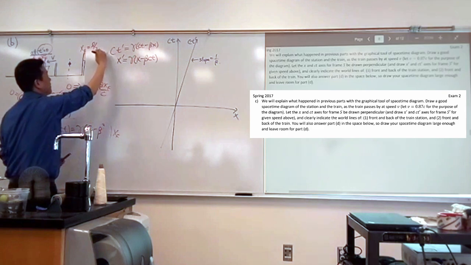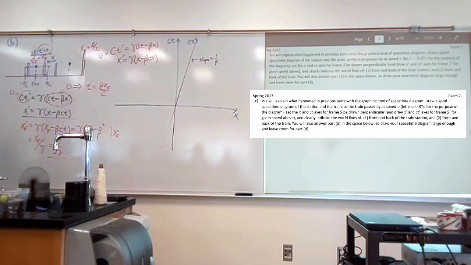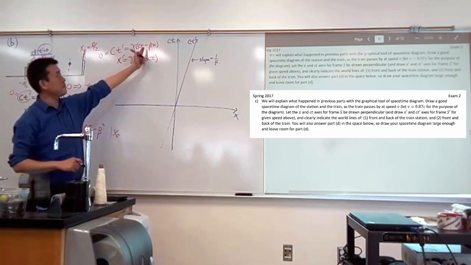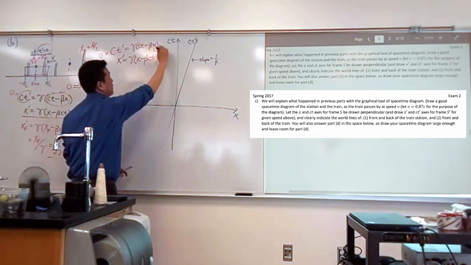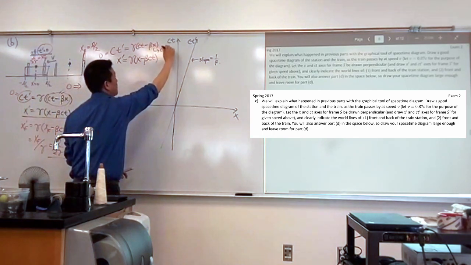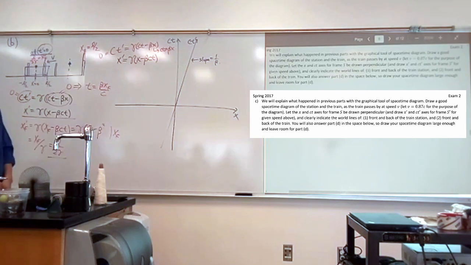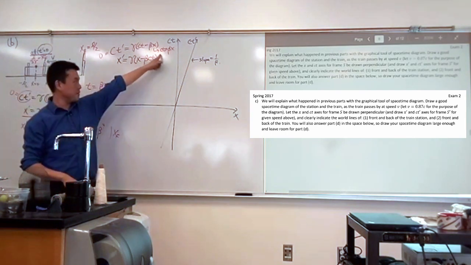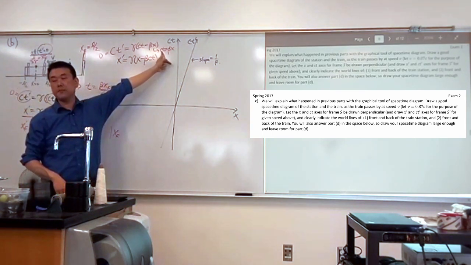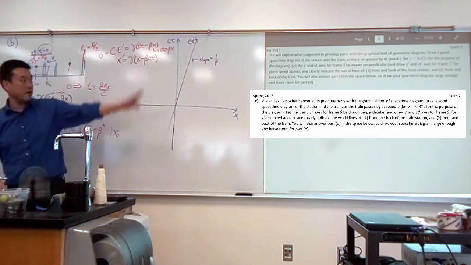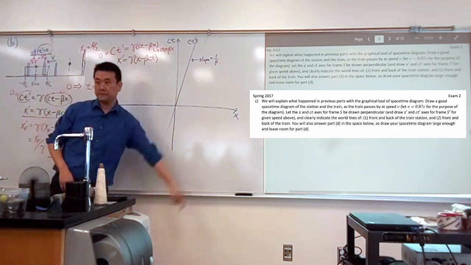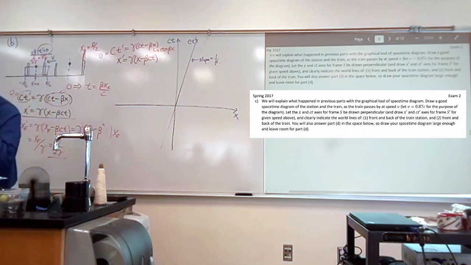So if you say, all right, my t prime is equal to 0, then the equation you have is ct minus beta x is equal to 0, or from that you get ct is equal to beta x. So you have just this equation, ct is equal to beta x. What slope does this line have in your axis of ct and x there? Yeah, beta. So you get the simple line here.